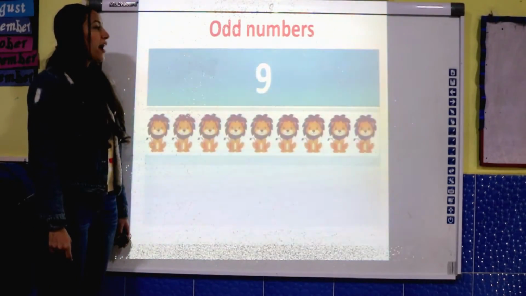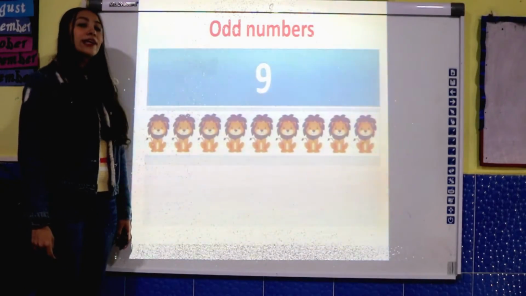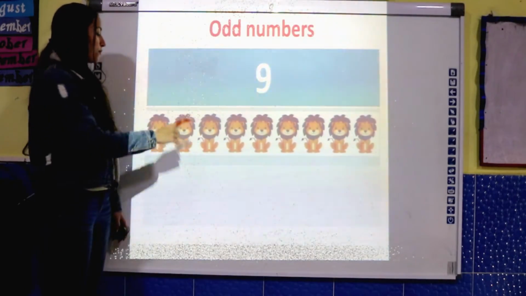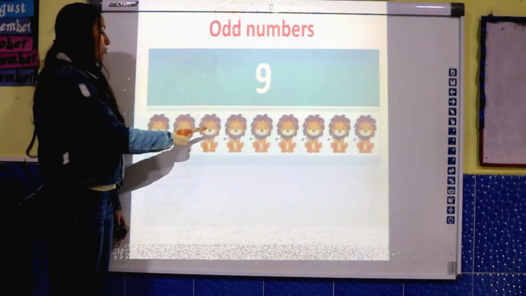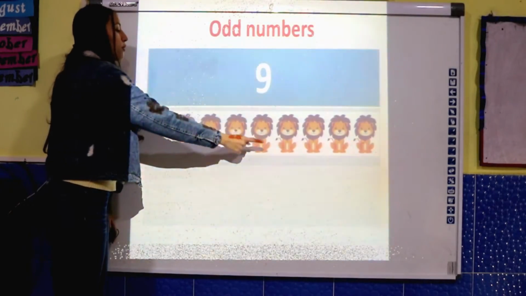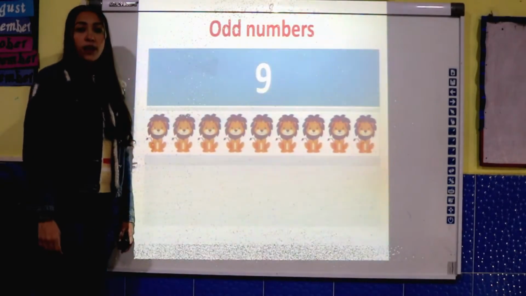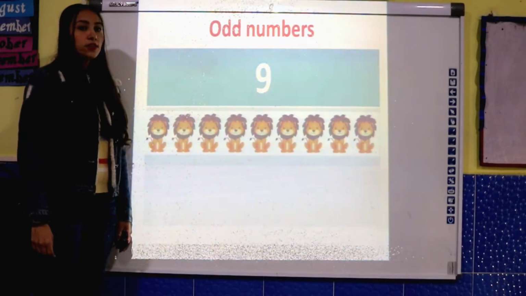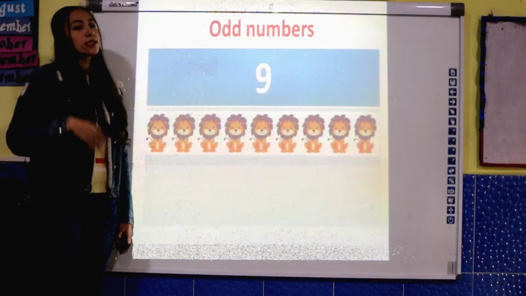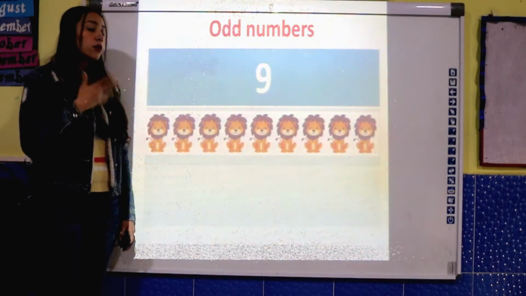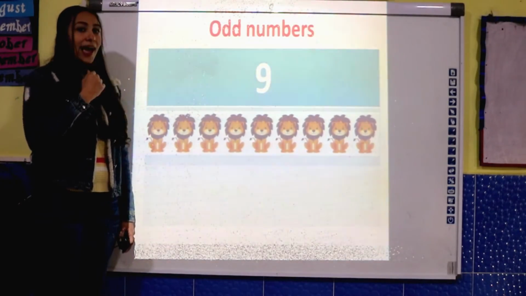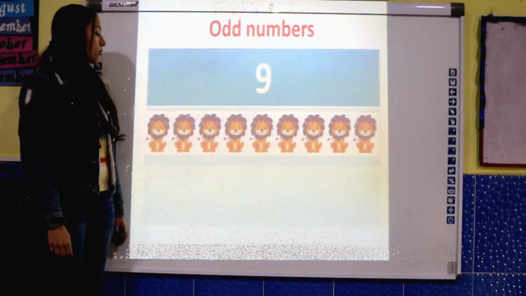The last number we have here, what is this number? Yes, number 9. Let's count. 1, 2, 3, 4, 5, 6, 7, 8, and 9. I have 9 lines here, and I want to know if number 9 is an odd number or an even number. How could I know? Yes, let's try to make groups of 2.